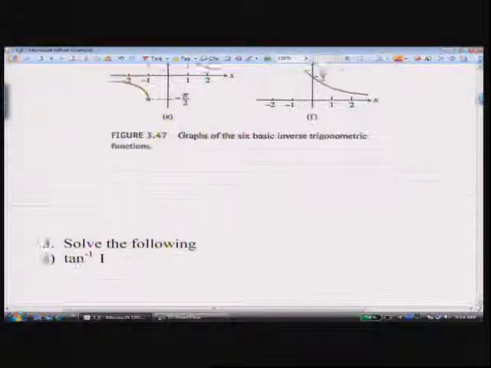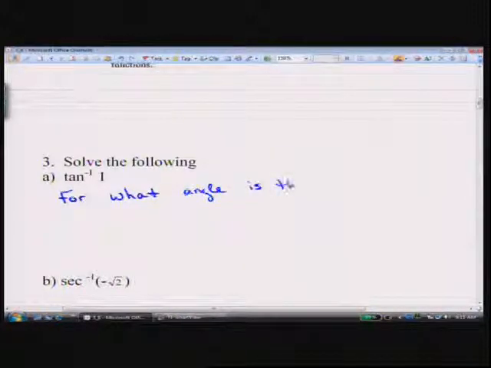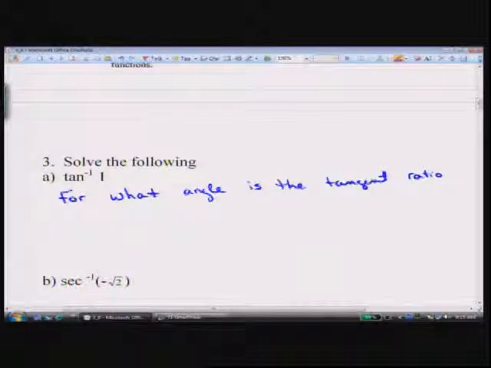Okay, so these are not calculus questions, these are trig questions. If I want to solve the inverse tangent of 1, that means for what angle is the tangent ratio 1?